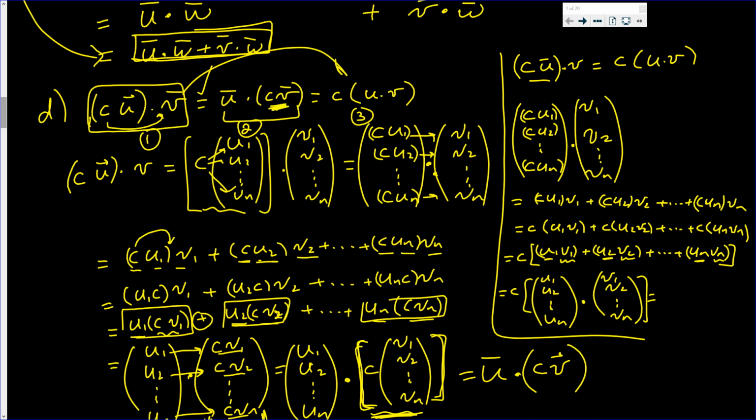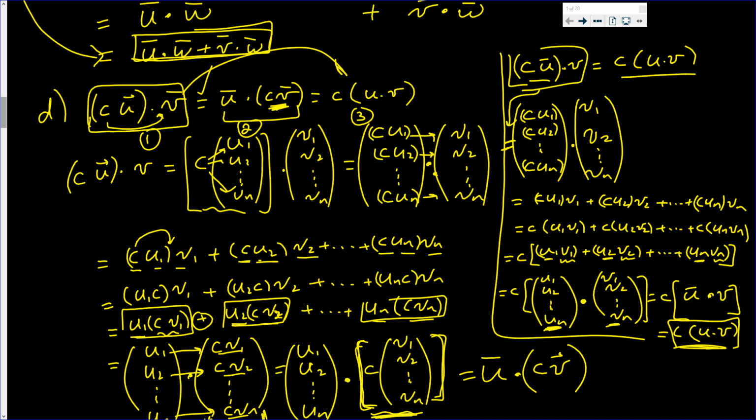Well, there's the c in the front, and this bracket, this is vector u, and I am dotting it with vector v. And I can just write it with smaller brackets, u dot v. But that's what I wanted to show. I wanted to show that this, which equals that, which eventually equals this. So I did show it.